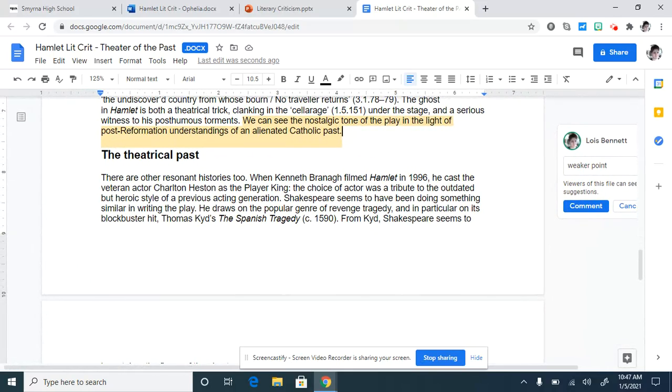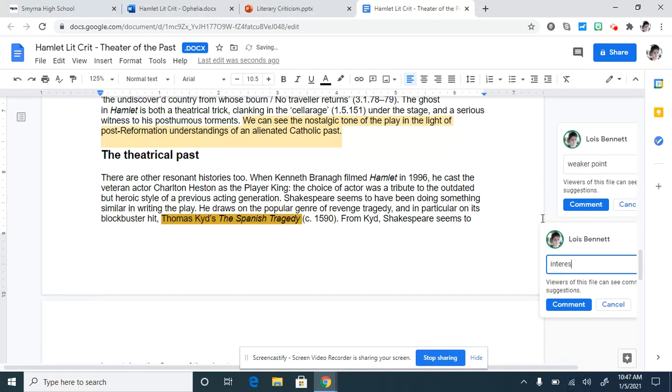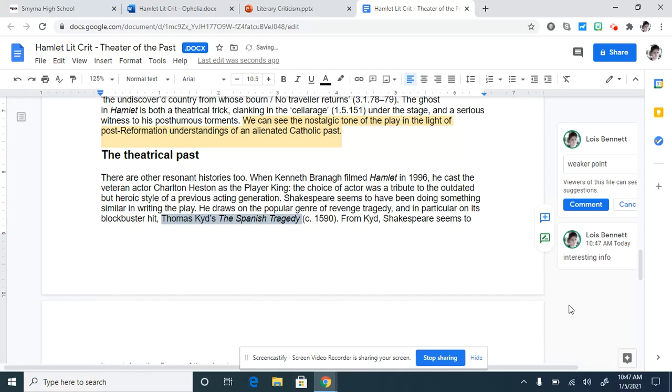Here's another mention of the theatrical past. This one's more specific, and I also found this interesting. Shakespeare, as you may know, bases his plays on other works or on historical events. And so this in particular brings up a play, Thomas Kyd's The Spanish Tragedy, and it says that Hamlet was based on this particular play, and it compares and contrasts it, saying that Thomas Kyd's play was a blockbuster hit.